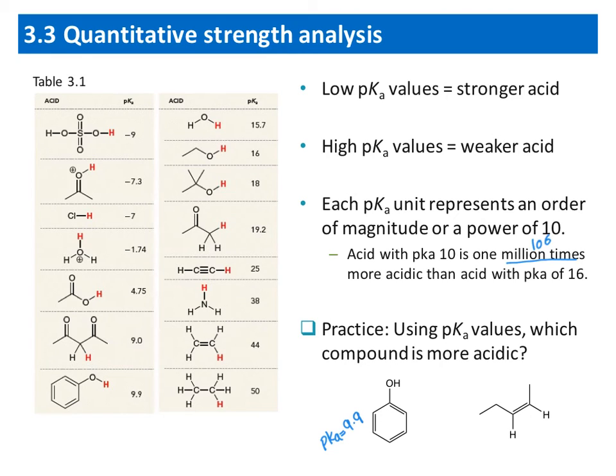And then if you look at this molecule, the functional group here is an alkene. If you find an alkene in this table, it is right here. The pKa value for that is 44. Now phenol has the lower pKa value, meaning that phenol is more acidic than alkene.